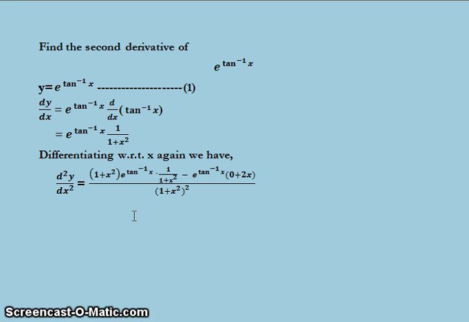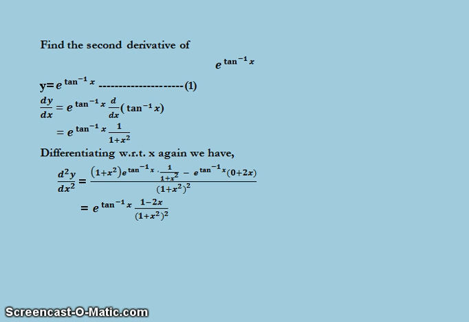Now this can be further simplified and rewritten as e to power tan inverse x into 1 minus 2x, whole divided by 1 plus x square whole to power 2.